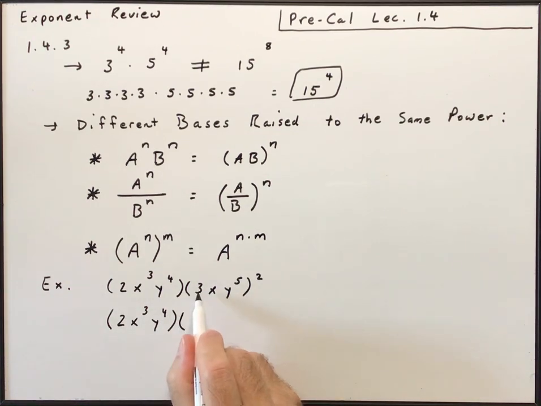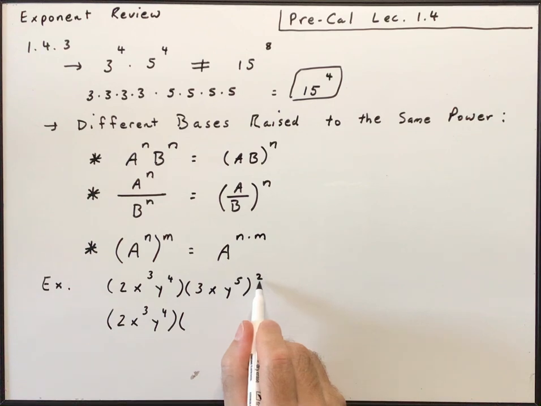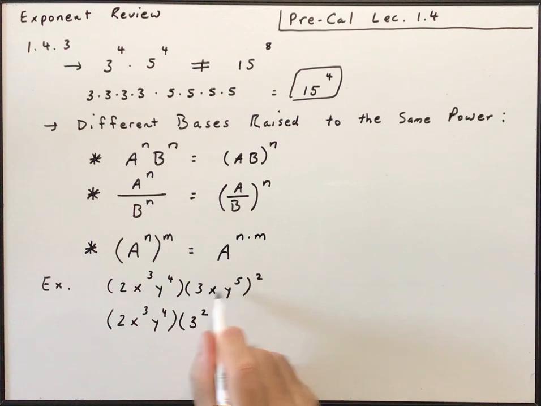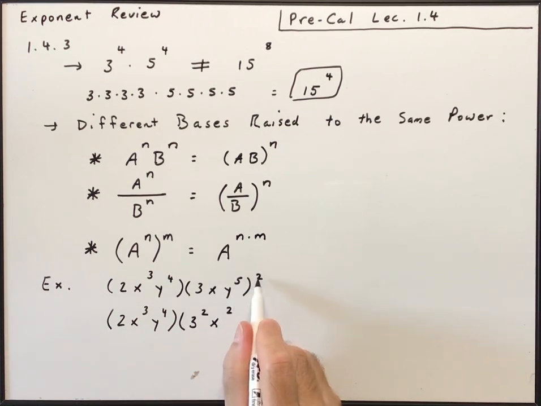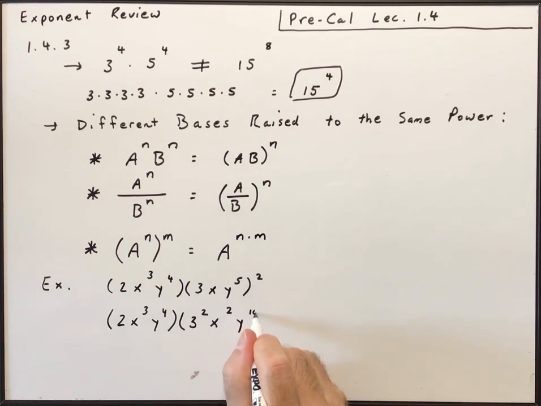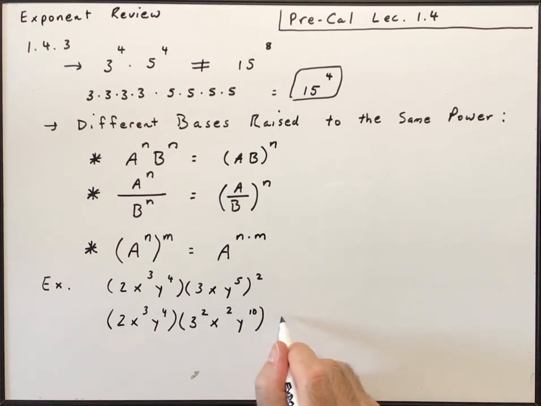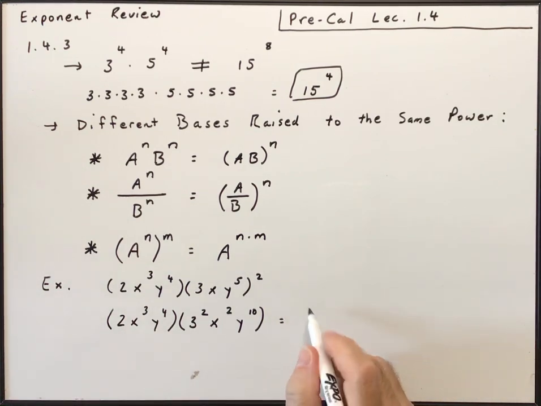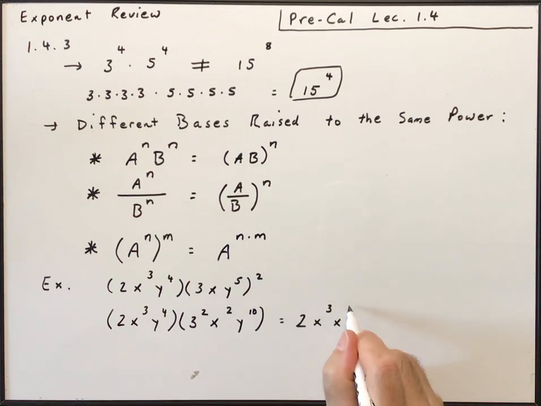Okay, then we're going to raise each one of these components to the second power. So that would be 3 squared, times x squared, and y to the 5th squared we would multiply, right? 5 times 2, that'd be y to the 10th. All right, so that's going to be 2 times x cubed, now I'm going to put the x's together, times x squared, right?